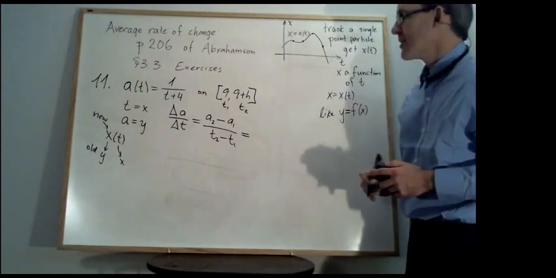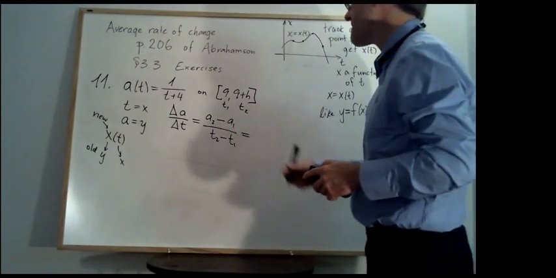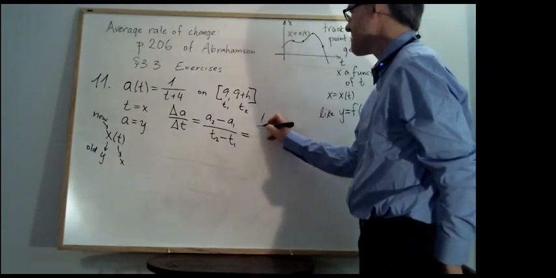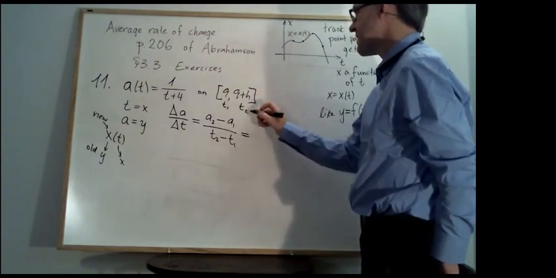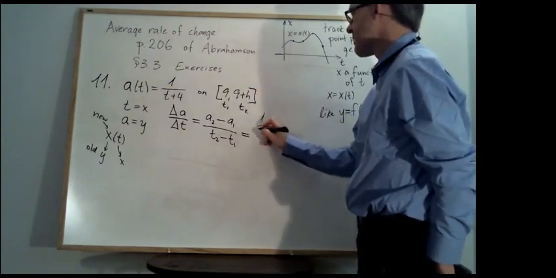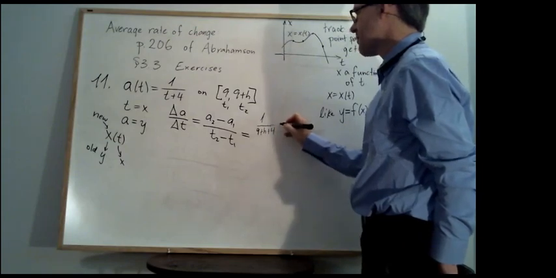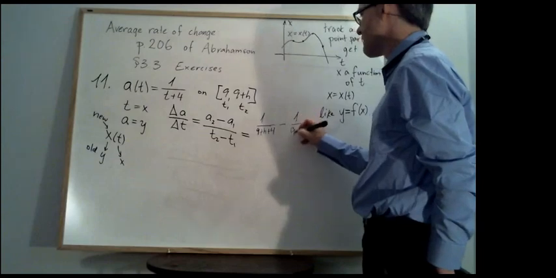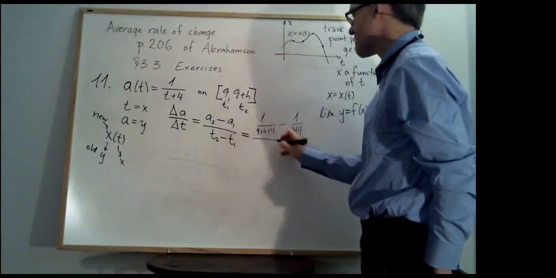Okay, so evaluating this then, you get a2 minus a1. Right, so let's just plug that in. So a2 is 1 over t, which is 9 plus h, t2 plus 4. 9 plus h plus 4. Minus 1 over 9 plus 4. And then here I get h.